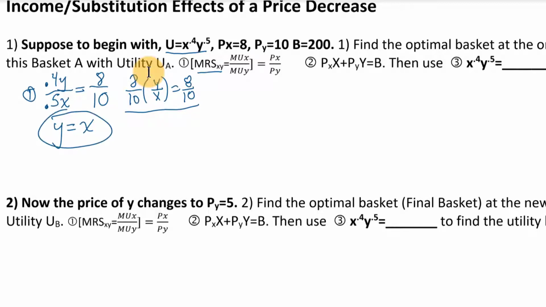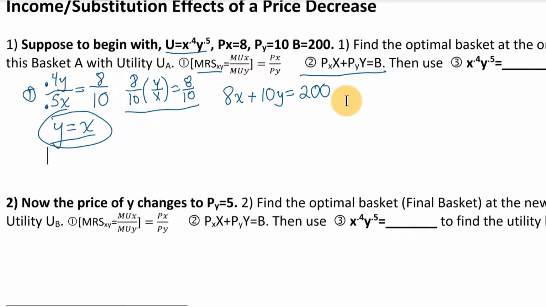Now we want to plug that into a budget line equation like this. Price of x is 8 times x plus the price of y is 10 times how many y we buy has to equal $200. Since y equals x, we can just change either one of these into the other variable. They're going to be the same number. 8x plus 10, replace y with x, equals 200.